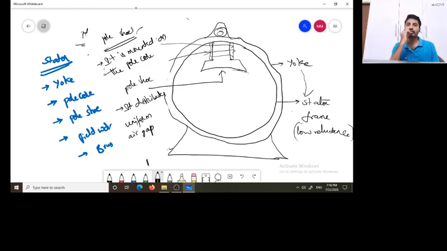Because of its tapered structure, the flux will be uniformly distributed from the stator to the rotor. Everywhere the poles are projected like this.